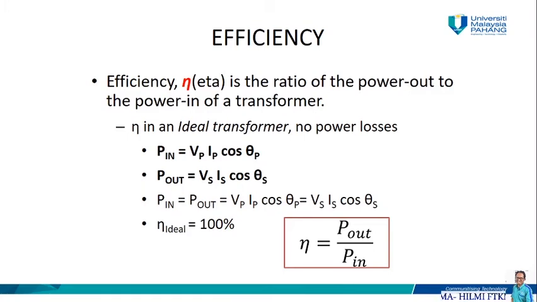So an ideal transformer will have P in equal to P out, which means that Vp Ip cos theta p is equal to Vs Is cos theta s, and therefore the eta for an ideal transformer should be 100%, or equal to 1. Obviously, a real transformer will have a value of eta less than 100%.